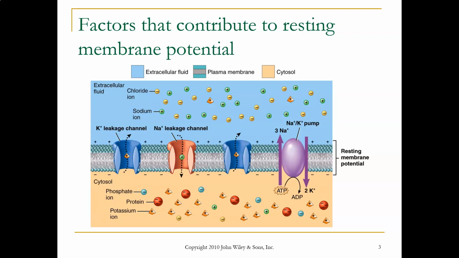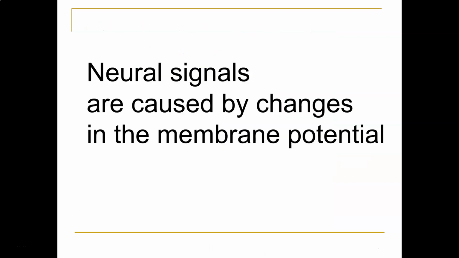And that change in the resting membrane potential is going to move down the axon of the neuron. So here's the definition of action potentials and their cousins that we'll talk about in a minute, called graded potentials. They are due to changes in the membrane potential.